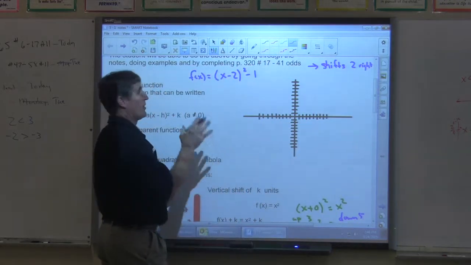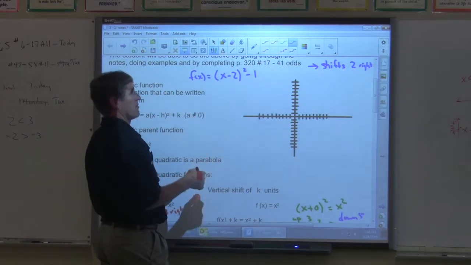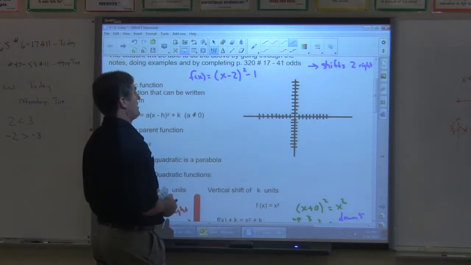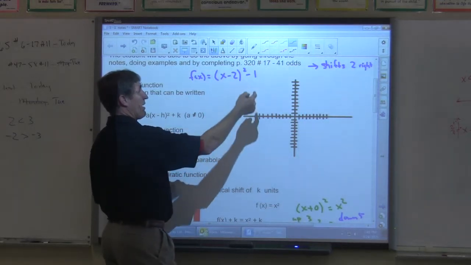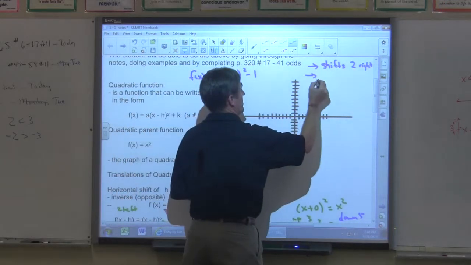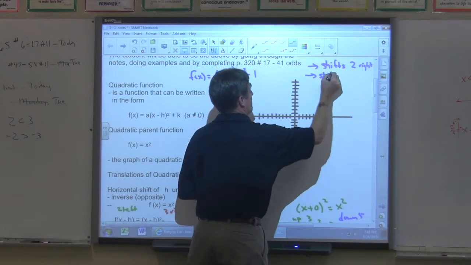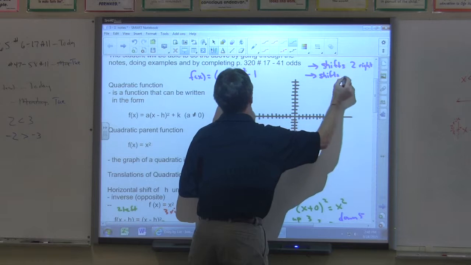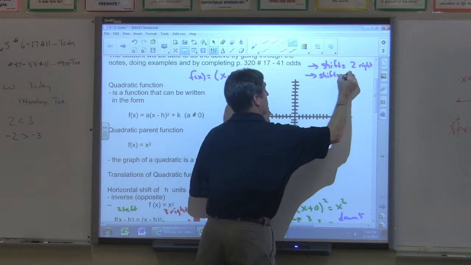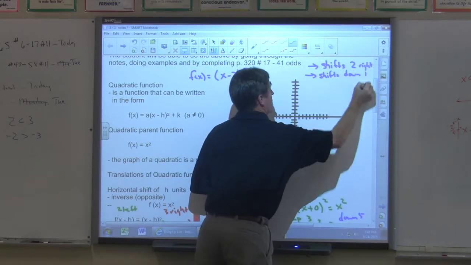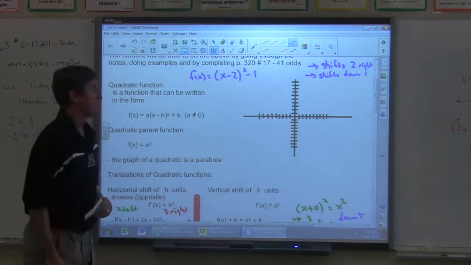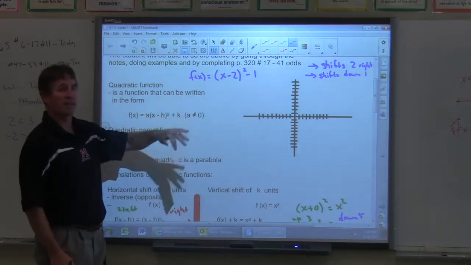Okay, and again you could put translates right to, or slides right to, or shifts right to. And then the minus 1 is outside, so that's vertical. And so that shifts. And it's negative 1, so down 1. Okay, so we've covered the translations.